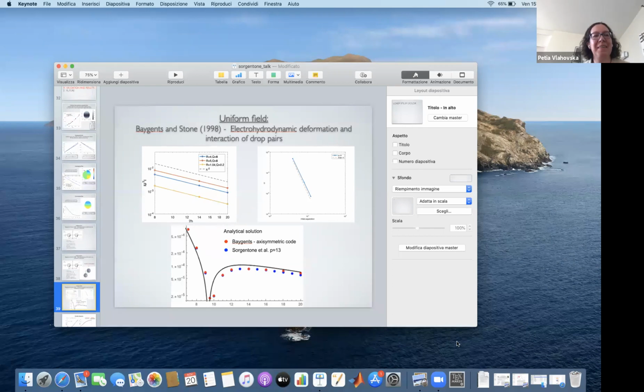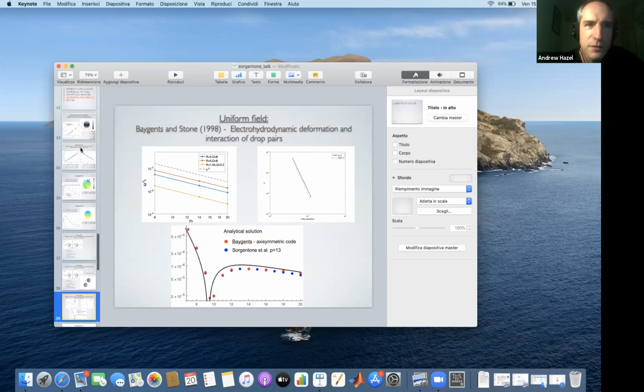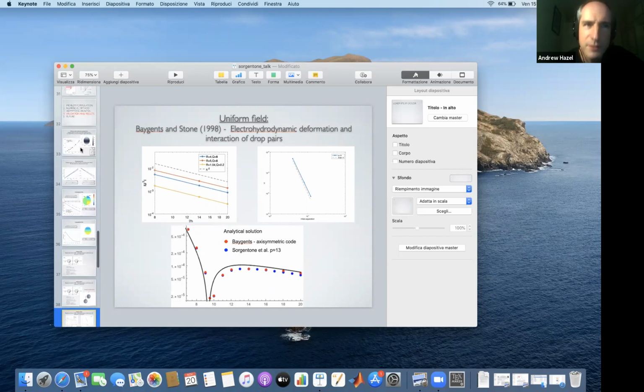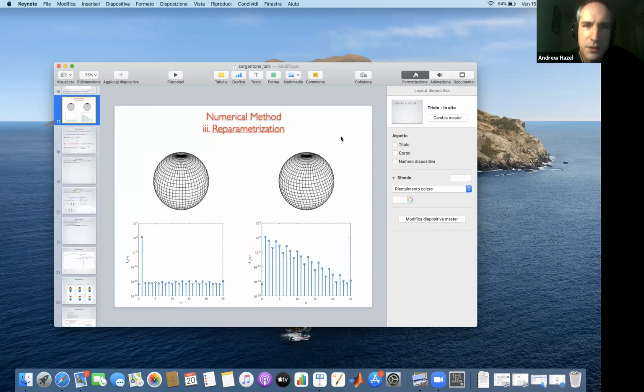I have another question, if I may. Yeah, please. A more technical question about your reparametrization. If I understood correctly, you're reparametrizing, but you're not remeshing per se. So you're redistributing the existing nodes, is that right?